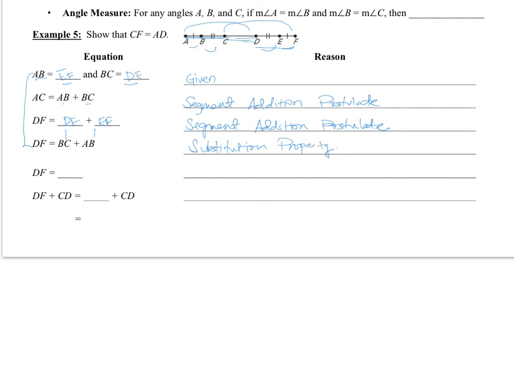Now, since AC is equal to AB plus BC, and DF equals BC plus AB, which is also AB plus BC, referring to the same segment, by the transitive property, I can say DF is equal to AC.